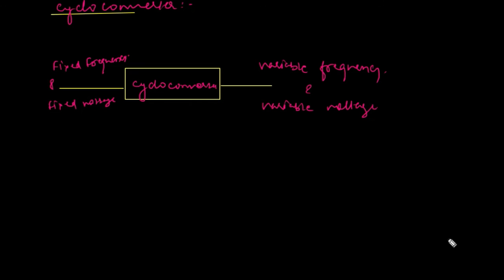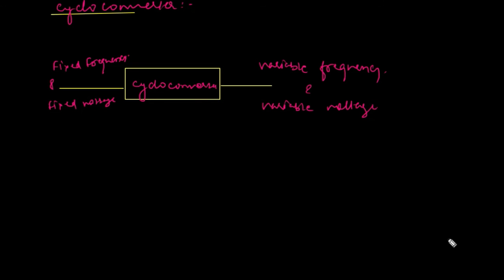AC to AC, it was like cyclo converter. Apart from it, we are having AC voltage regulators, switching drives, and variable impedances.